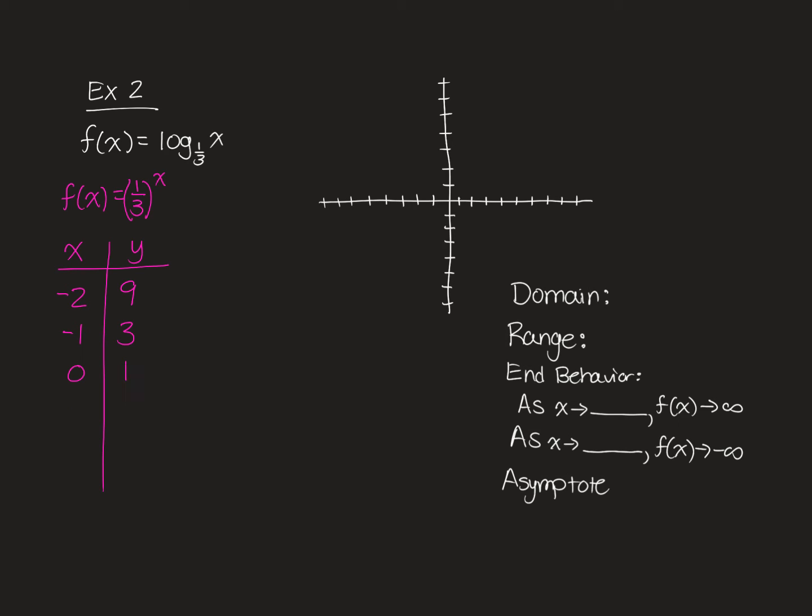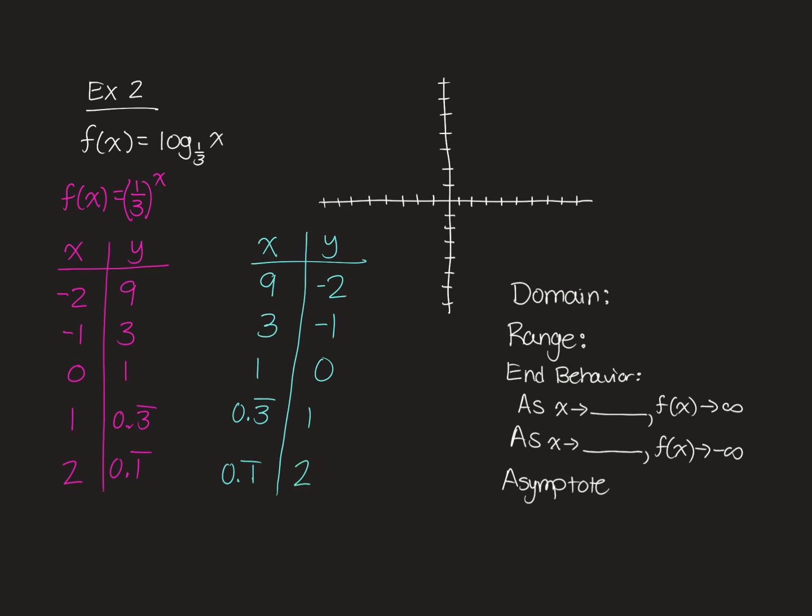At 0, 1; at 1, 0.3 repeating. And at 2, we are at 0.1 repeating. To get the logarithmic, you flip your x's and y's. So now we have 9, -2; 3, -1; 1, 0; 0.3 repeating, 1; and 0.1 repeating, 2.